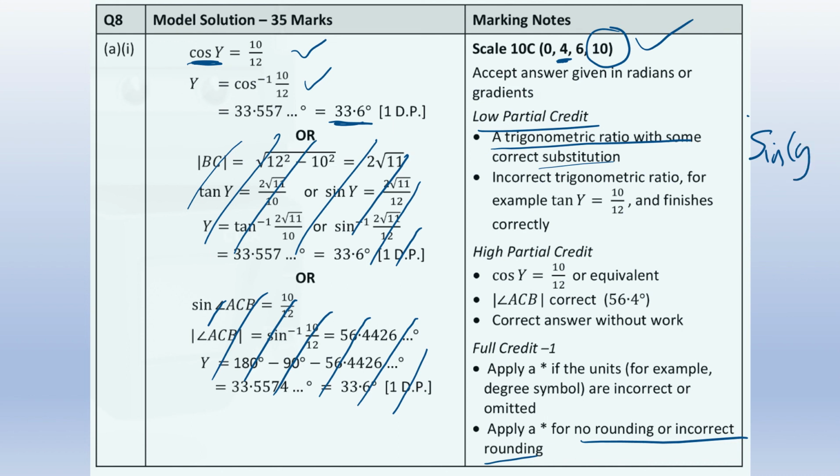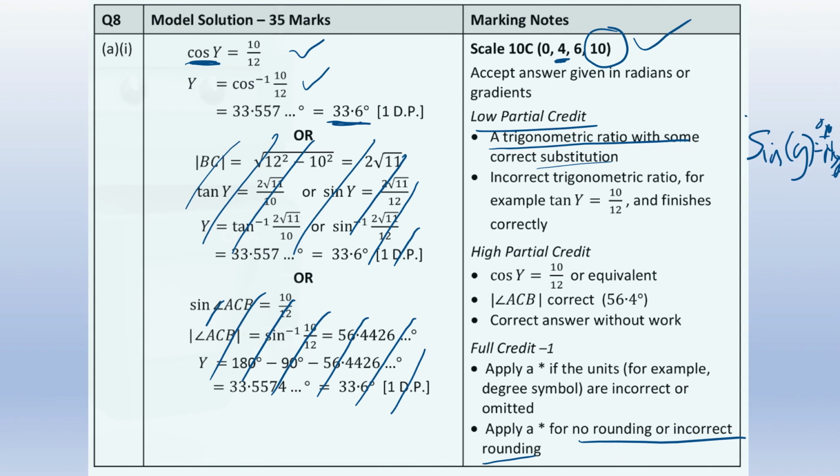Sine of y was equal to opposite over hypotenuse. You were getting your 4 marks because you've substituted y in for the angle there. So I suppose the main point I'm making is don't leave the question blank, because they're literally throwing marks at you for a real basic understanding of what's going on.